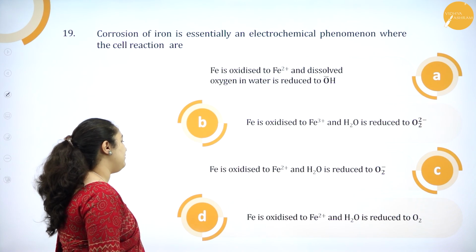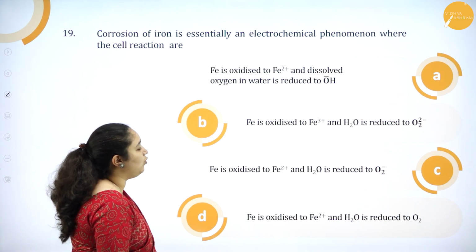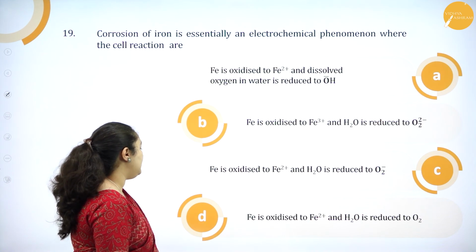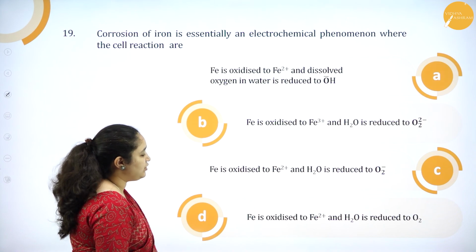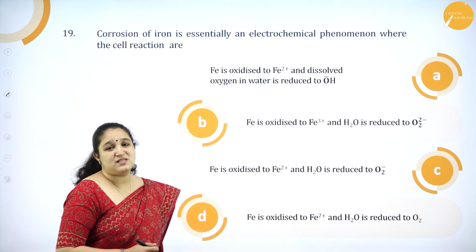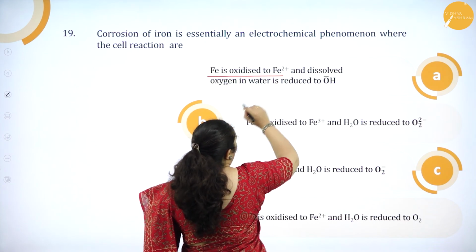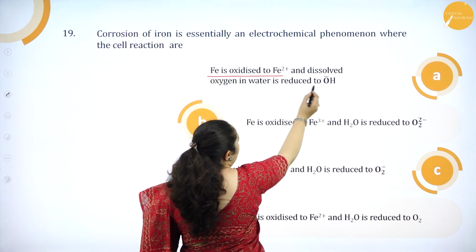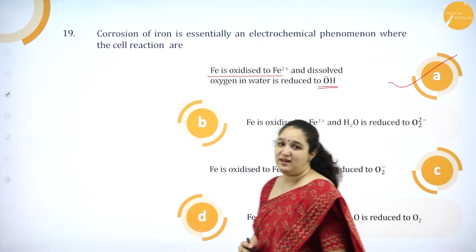Option C, Fe is oxidized to Fe plus 2 and H2O is reduced to O2 minus. Option D, Fe is oxidized to Fe plus 2 and H2O is reduced to O2. During rusting of iron, Fe is oxidized to Fe plus 2 and the dissolved oxygen in water is reduced to OH minus. So option A is the right answer.